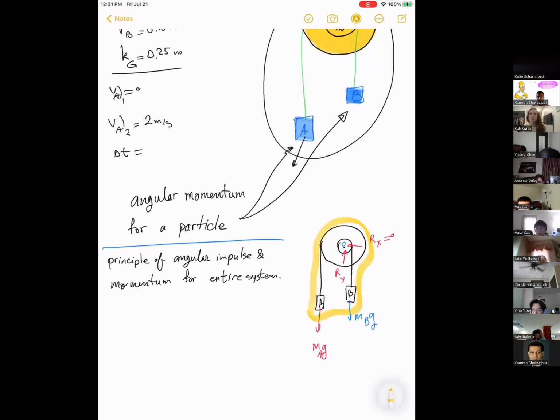If that's the case, because we have more than one particle, we're going to have summation of H about O at 1 plus integration of summation of moments about O dt from 0 to t is equal to summation of H about O at 2.